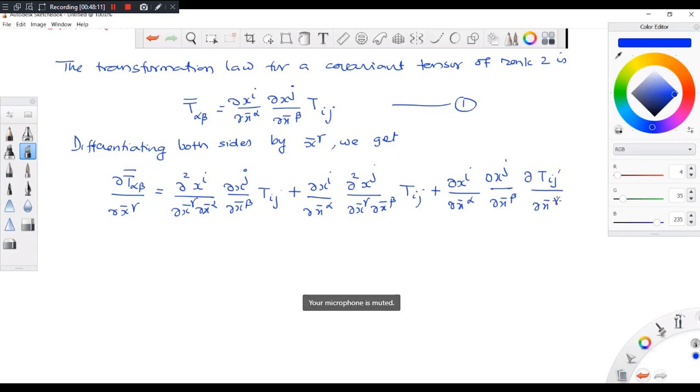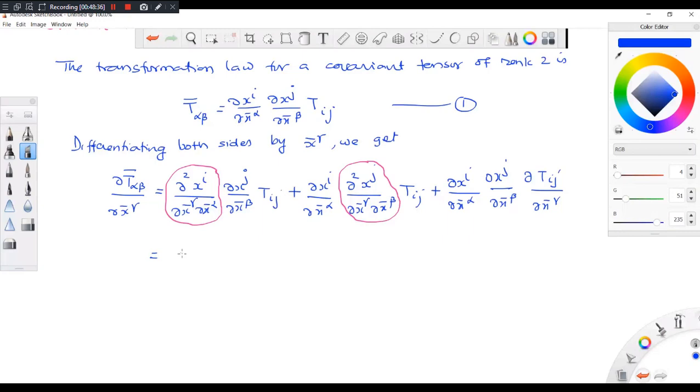Now what to do, use the important formula, we can use it here, we can use it here also. This is a second derivative, so you can use the important formula here. So if I use it on the first one, then what I am going to get is Tij.